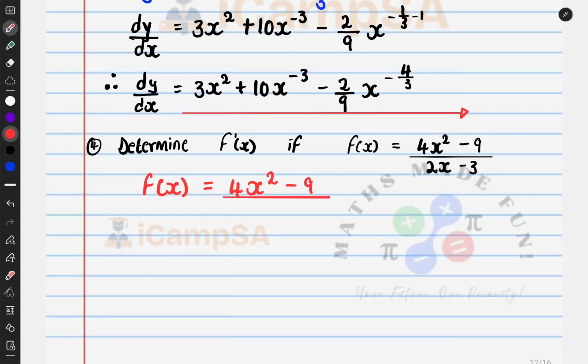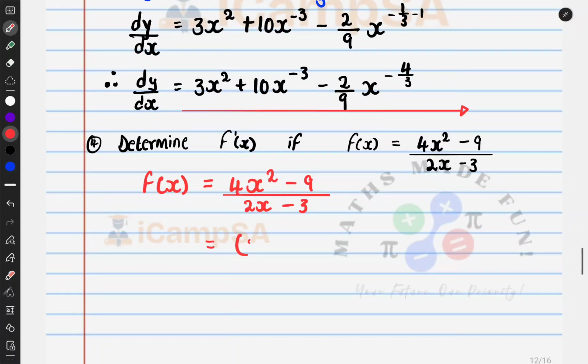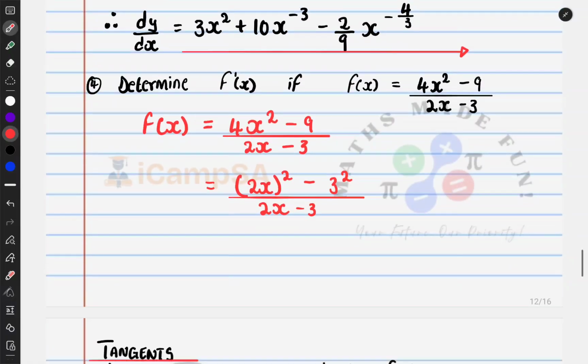Okay, so now we're going back to simplifying. From just glancing at the numerator, we can see that we have a difference of 2 squares. So these two can be written as 2x squared minus 3 squared, a difference of 2 squares, and we know how to factorize the difference of 2 squares.